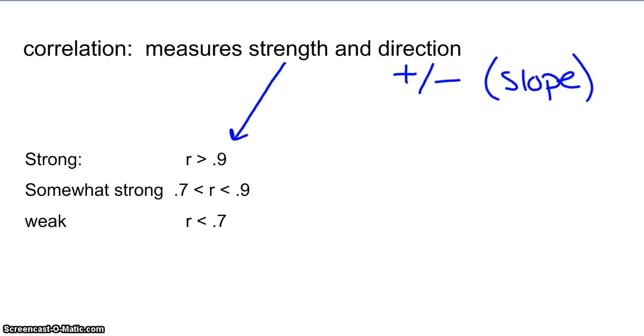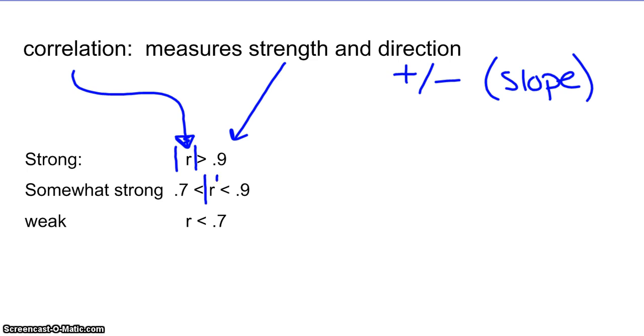Anytime we have a correlation, and correlation we represent with r, that's greater than 0.9, it's going to be a strong relationship. What I probably should talk about is correlation is also always going to be between -1 and +1, so we really should talk about the absolute value of r, just the number part. When that's bigger than 0.9, it's going to be a strong relationship.